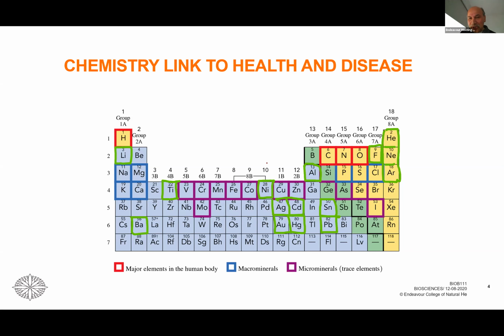Nickel, why I brought nickel here is, they use a nickel cadmium battery for patients who have a pacemaker in their heart. Heard of pacemakers? Pacemakers are the ones which control contractility of the heart. So that small equipment which is implanted on top of the heart has a battery.